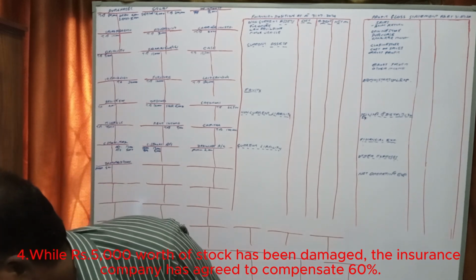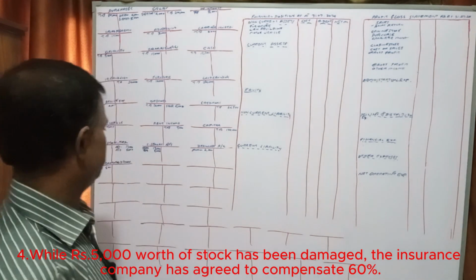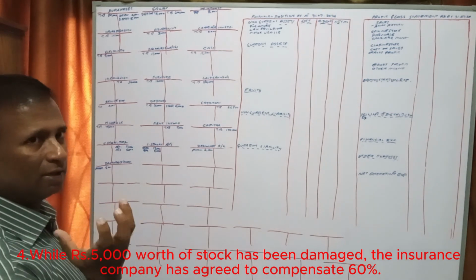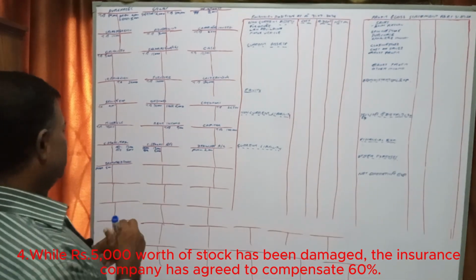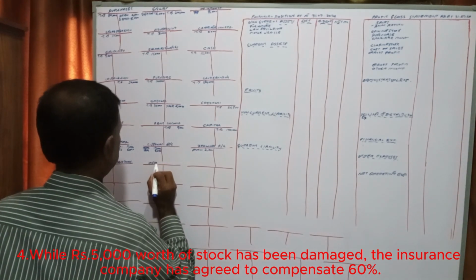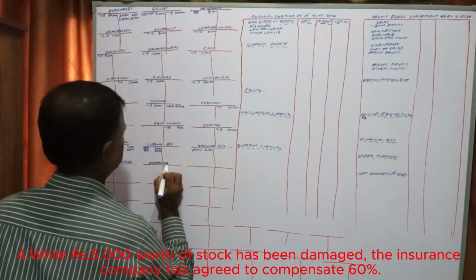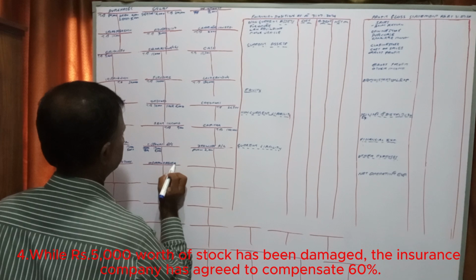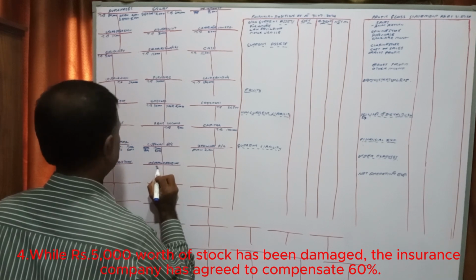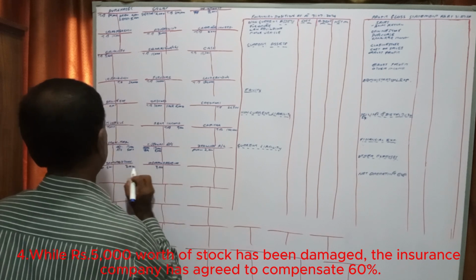Then they say the insurance company has agreed to compensate 60% of it. The insurance company had agreed to pay back 60%. So insurance receivable account debit 3,000, goods damaged account credit.